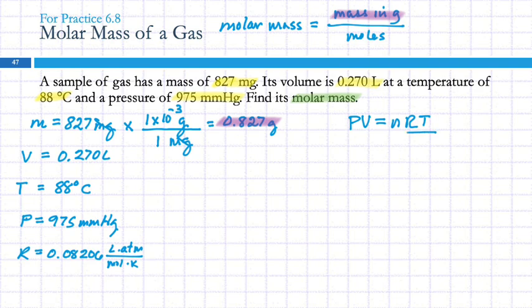So we can rearrange this, dividing by RT on both sides. So n is going to equal the pressure times the volume divided by R times the temperature.